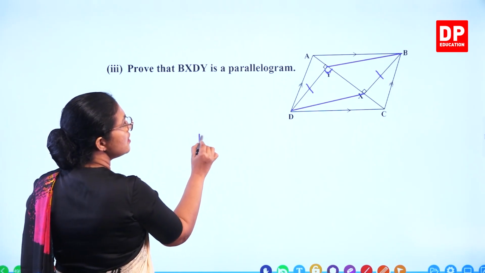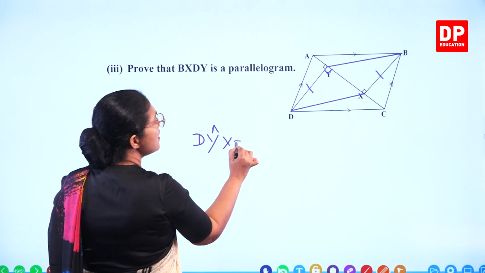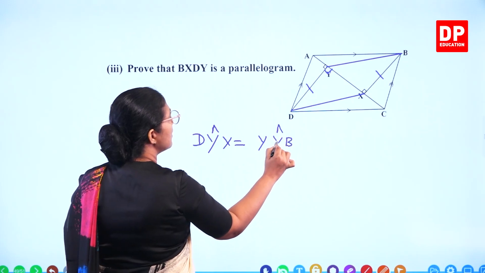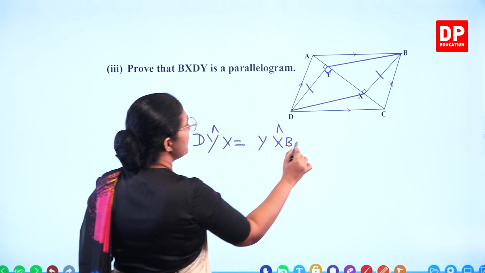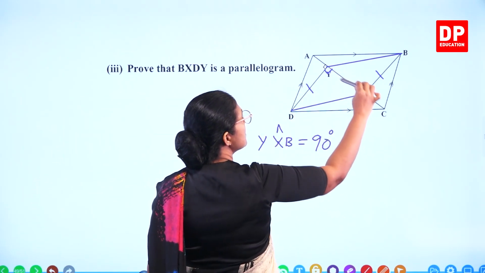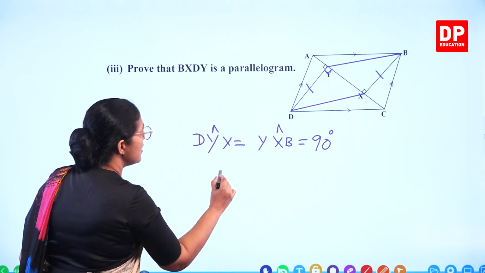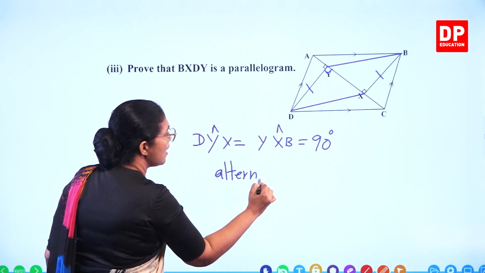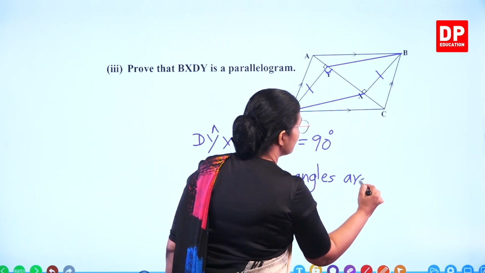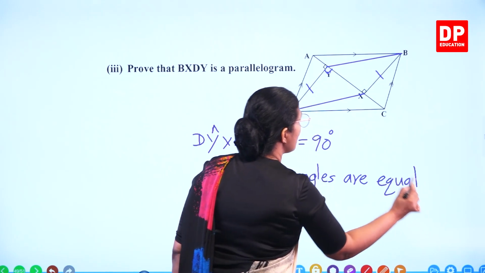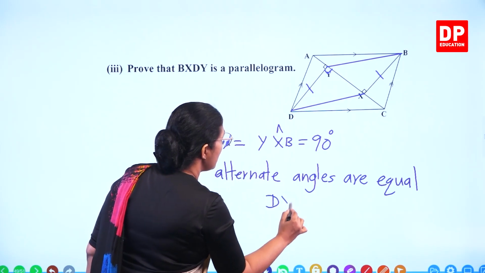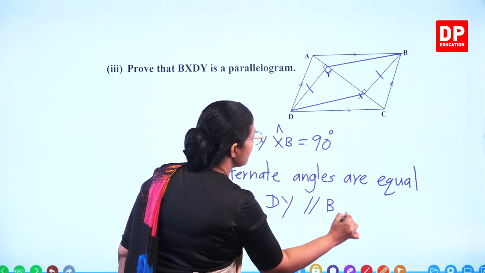So we can write DYX angle is equal to YXB angle. YXB, that's 90. We can see that. But those are alternate angles, the Z letter. So alternate angles are equal. Alternate angles are equal means DY is parallel to BX.